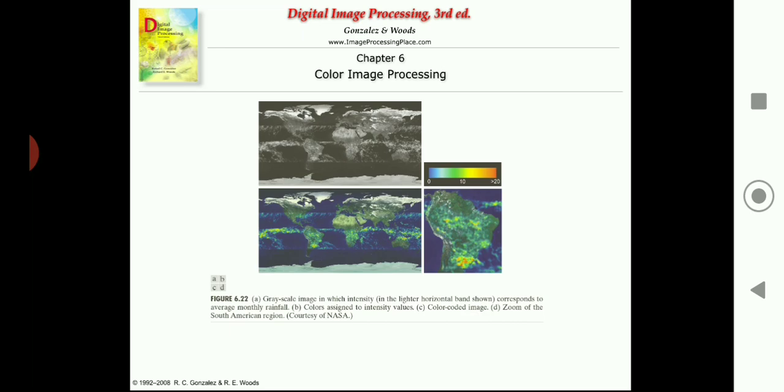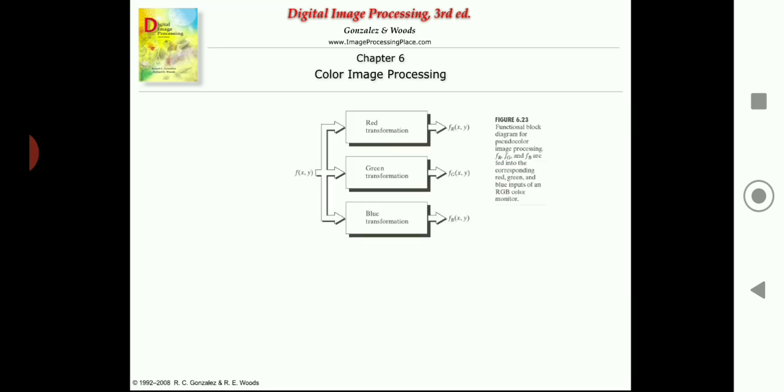Okay, so these all were covered in the previous lecture, and moving ahead today we'll see the next transformation, which we call intensity to color transformation.